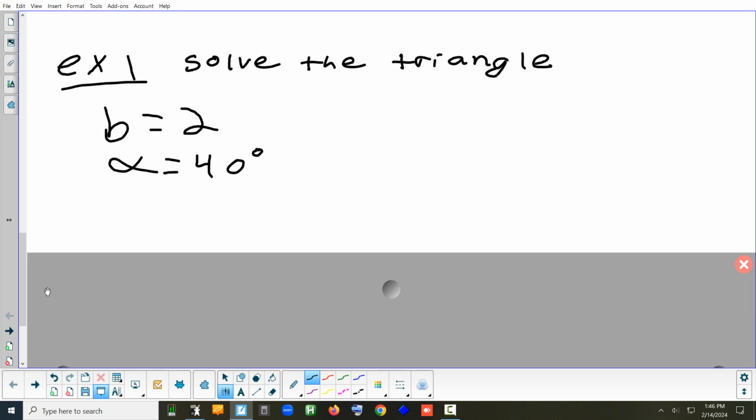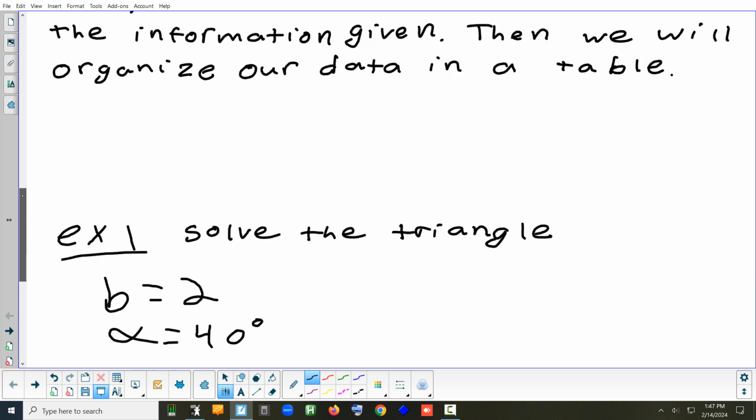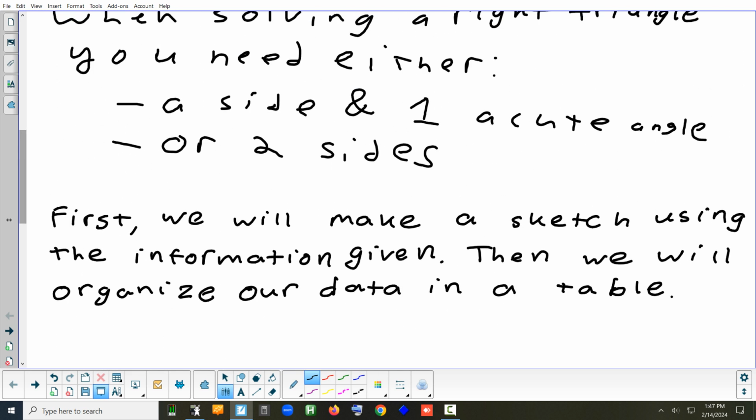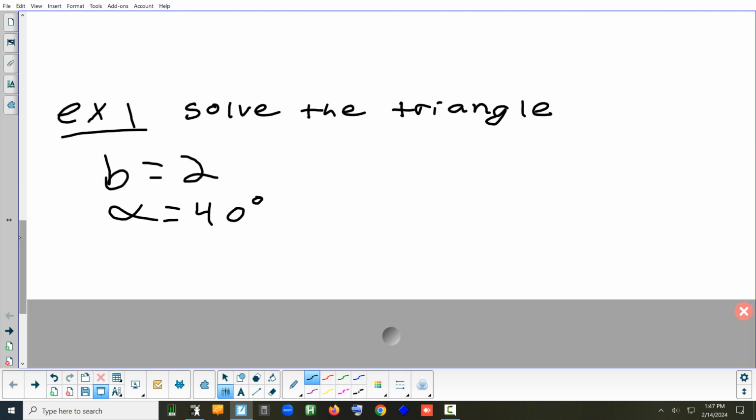All right. So let's see if we can solve this problem. This is an example of the first type. I'm giving you a side, and I'm giving you an angle. That's an angle in addition to the 90. You always know the 90, so that's good.